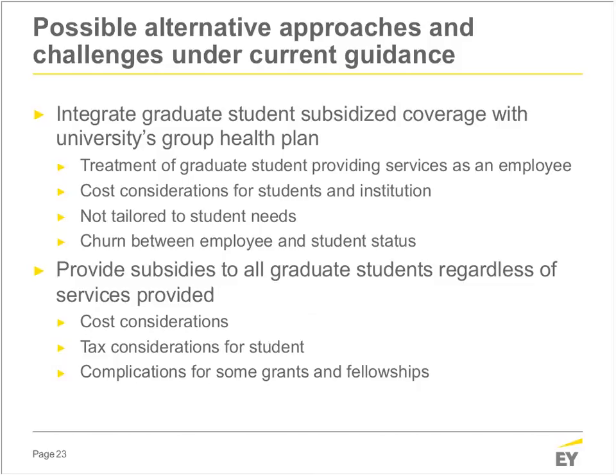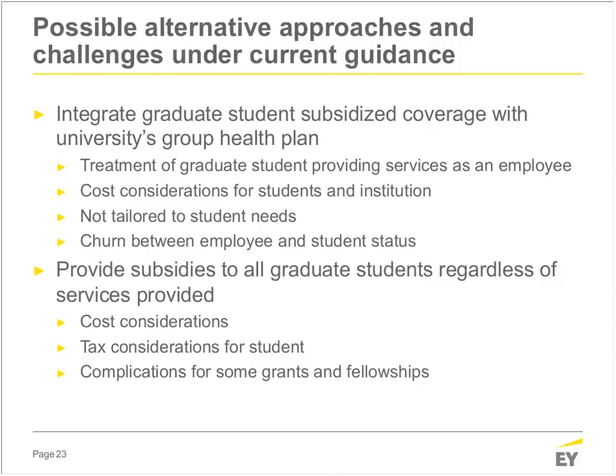And that's the exact issue. Unfortunately, that's the problem. That's where the guidance has said that that subsidy, that reimbursement payment, is in fact not in compliance with the ACA rules. So what can you do to come into compliance?